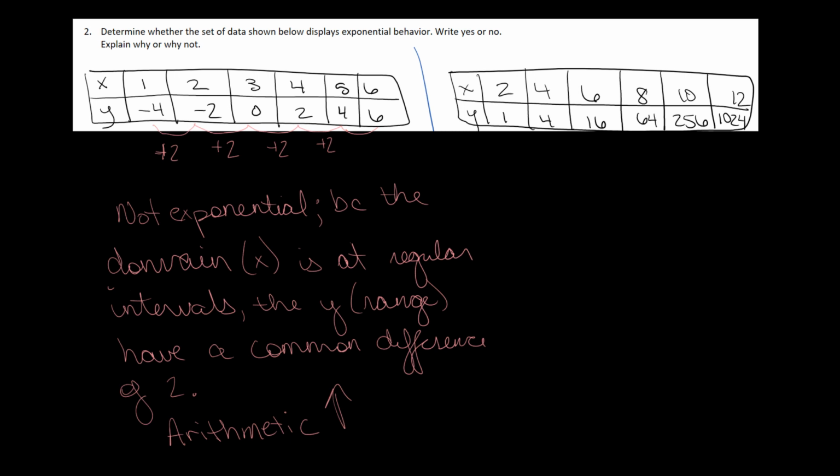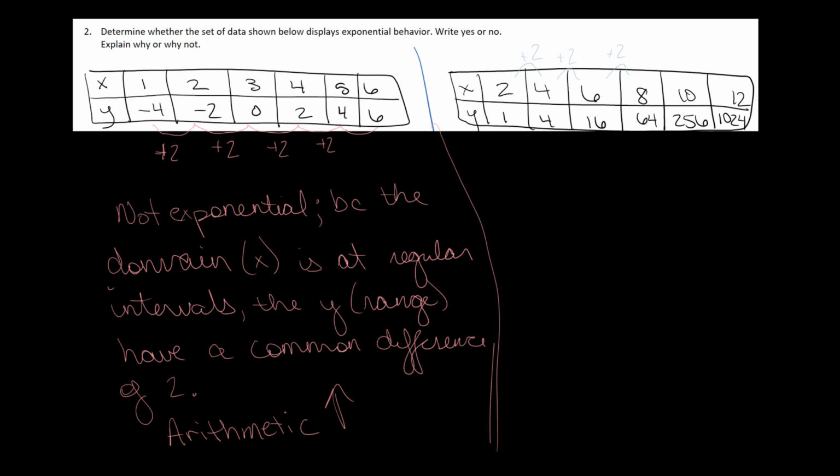Now, in the second one, we have x is 2, 4, 6, 8, 10. So again, we're still adding 2, so we can say these are at regular intervals. So what you want to make sure of is that the x is at regular intervals. It doesn't matter how much you're adding each time.